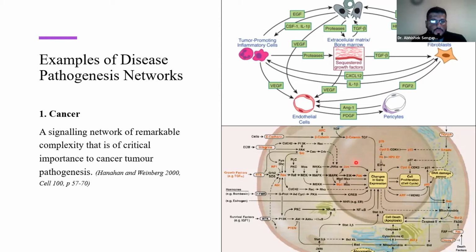I have taken this picture from that paper, published in 2000 in Cell, where they have shown the complexity of the cancer cell network, right? This is not actually a network diagram. This is just a book diagram, or you can say a literature based diagram, right? So again, this is a literature based diagram, not a network diagram. You can make a network out of this, keeping this diagram as a base network.